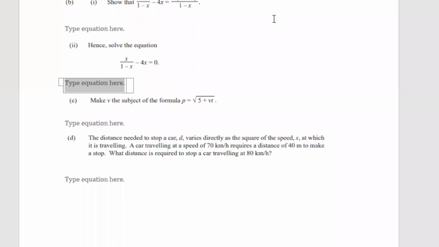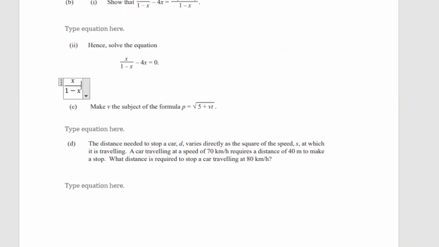Part 3 now says, hence solve the equation, and our equation is x divided by 1 minus x minus 4x is equal to 0.